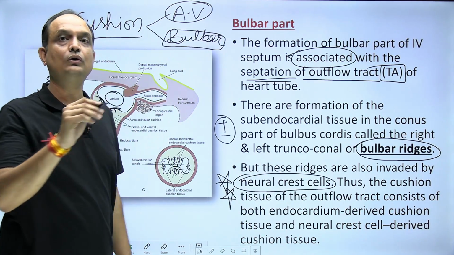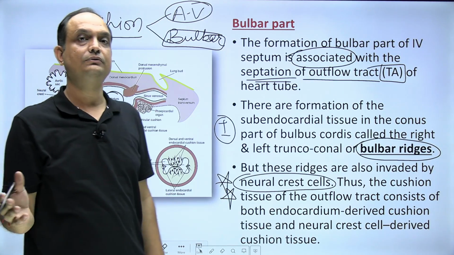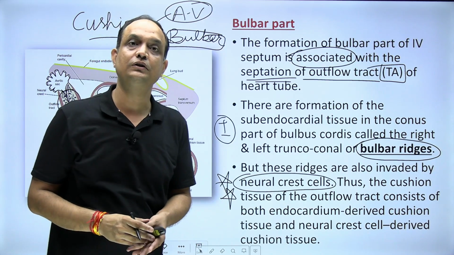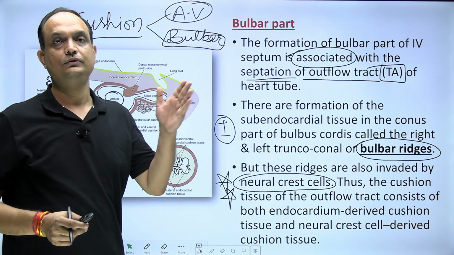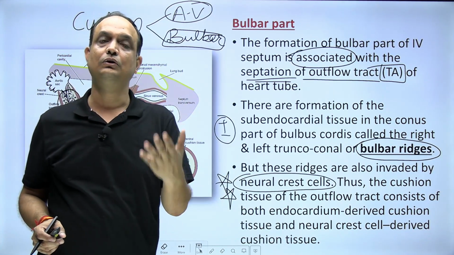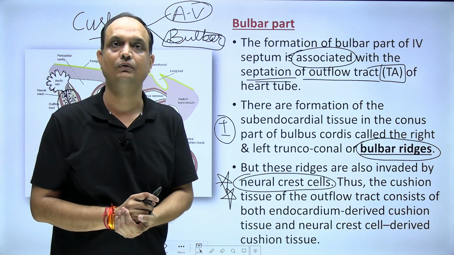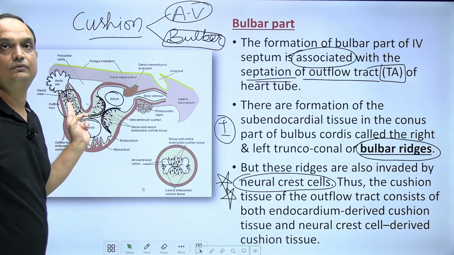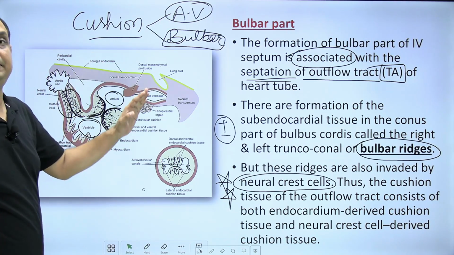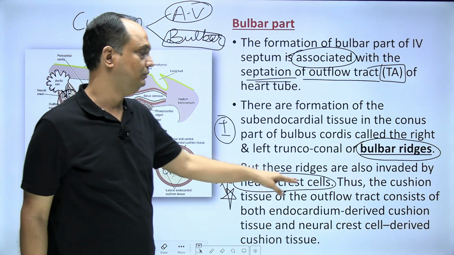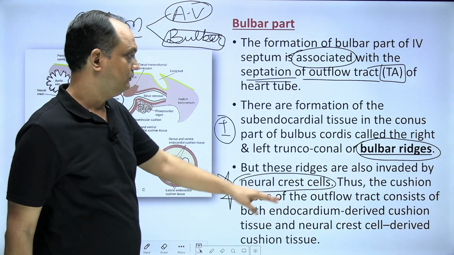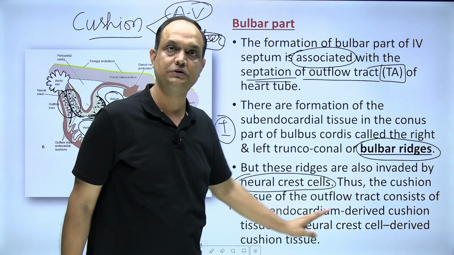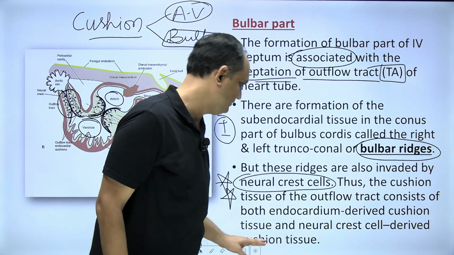So when you look at the derivatives of neural crest cells, you will find that neural crest cells contribute to the formation of the septa of the truncus arteriosus, as well as the semilunar valves. Why? Because this area, your outflow tract which is divided by the bulbar septum, has the invasion of neural crest cells. Clear? So the cushion tissue of the outflow tract consists of both endocardium-derived cushion as well as neural crest-derived cushion tissue.